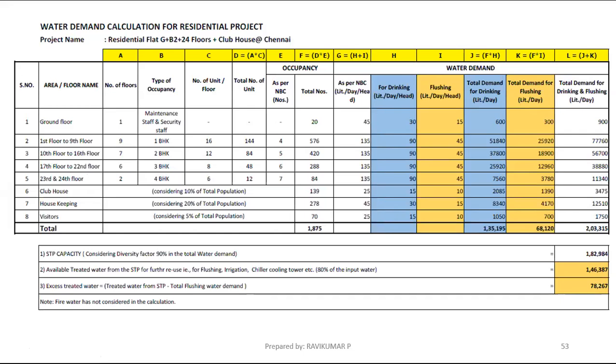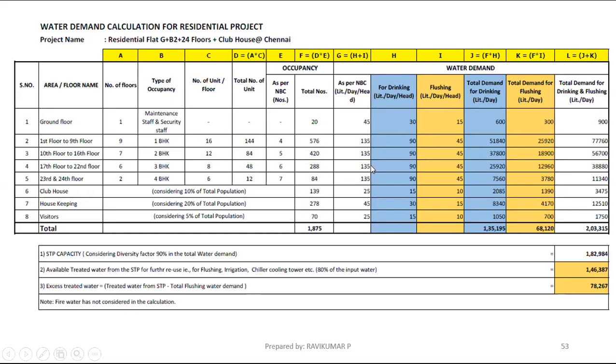If you multiply 6 floors into 8, 48 units will come. For 48 units, how many people are going to occupy? 6 people in each unit. So for total people, you multiply 6 into 48, 288 will come. Like that you have to calculate.